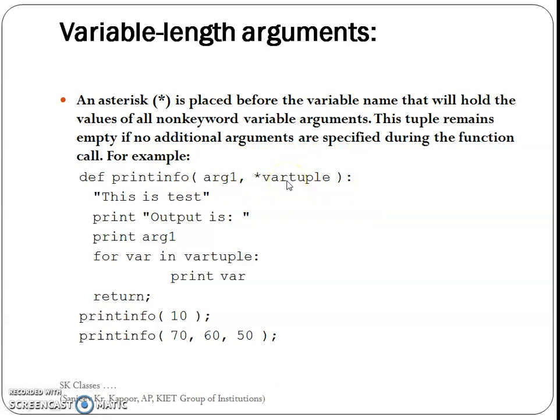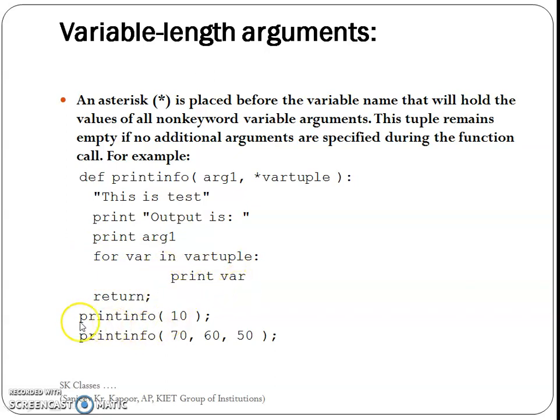This variable name could be anything, but whatever extra parameters are passed, they are stored in tuple format. So if I print argument 1, it is printed first as the mandatory argument, and then if remaining arguments are passed as optional parameters, they can be printed using this for loop: for var in var tuple, we print each value of var.